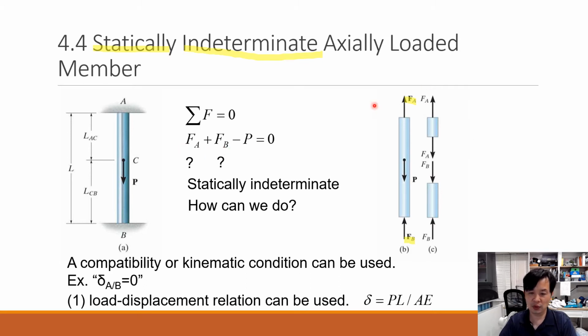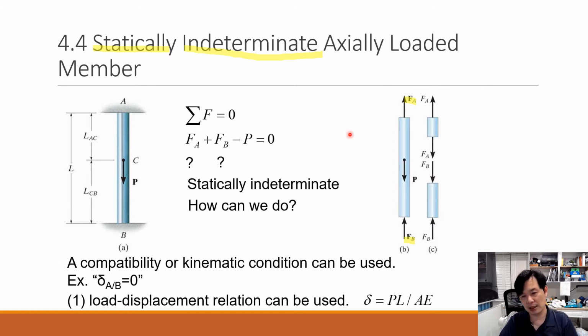And for the free body diagram, the equilibrium condition can only provide us a single equation, which is the summation of force equals 0 in the vertical direction. Although in a two-dimensional system, we know equilibrium usually provides us three equations: force balance in x direction or horizontal direction, vertical direction, and moment balance.